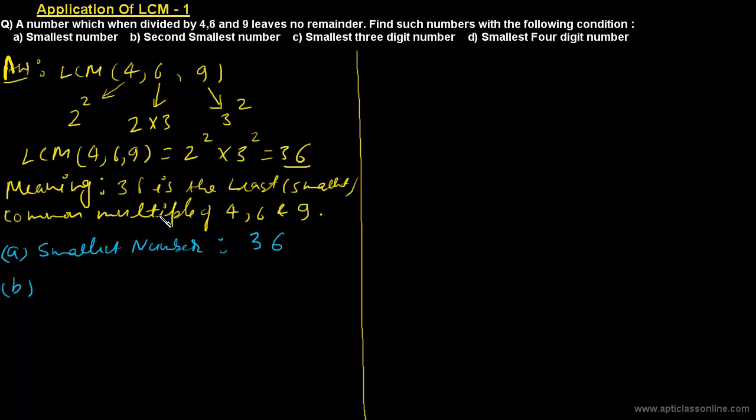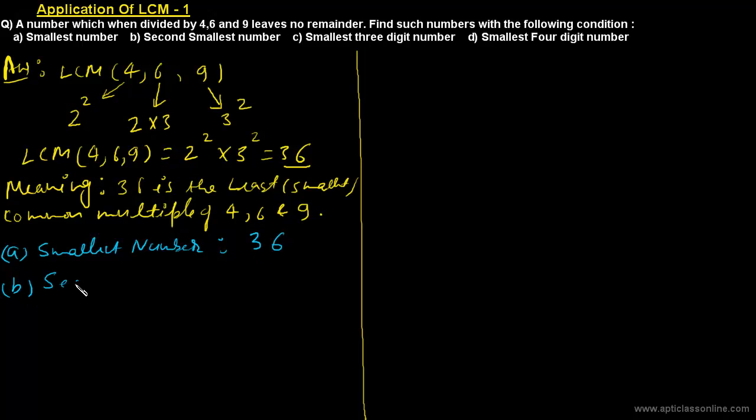Now all the numbers with the precondition that when divided by 4, 6 and 9 leaves no remainder will be a multiple of 36. That means 36, or 36 into 2, or 36 into 3, etc.